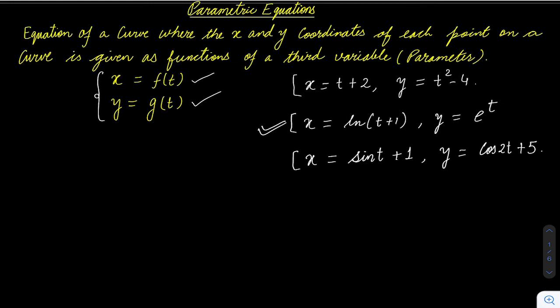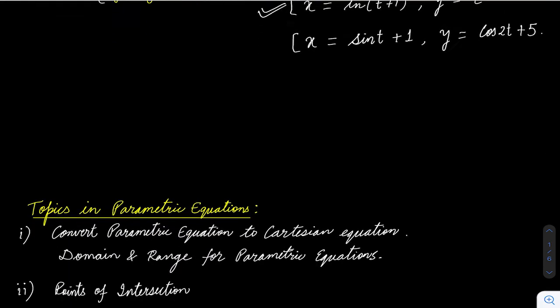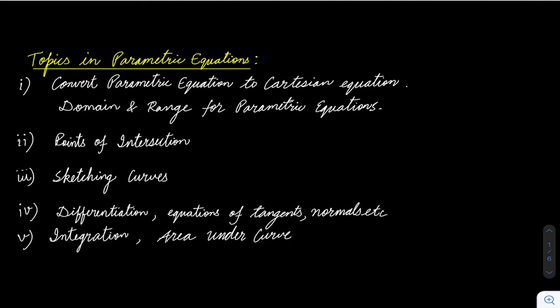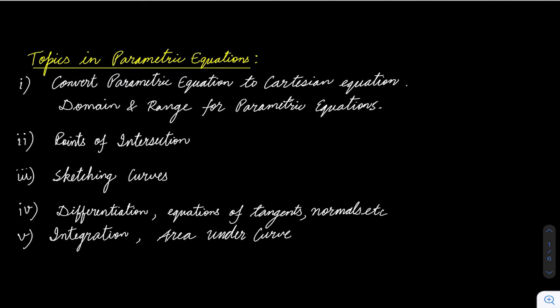Okay, now the question comes, what is there in our curriculum? In our curriculum, there are mainly 5 topics in parametric equations. The first topic is that we have to convert a parametric equation to a Cartesian equation. Cartesian equation means y equal to f of x, that we generally see, like y equal to sine x, y equal to x square, these kinds of y equal to f of x curves.